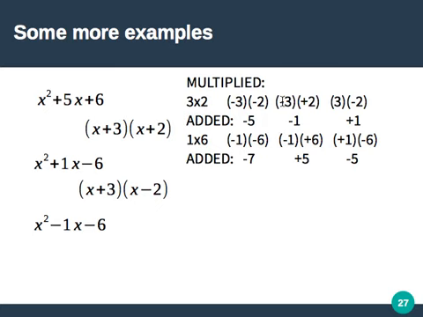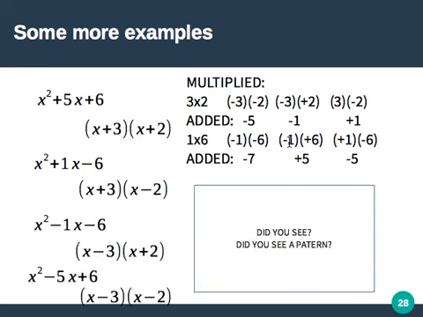Of course, it's going to be this one: negative 3 and positive 2 gives us negative 1. So the negative 1, here it is. Therefore, the factorization has to be negative 3 and positive 2.